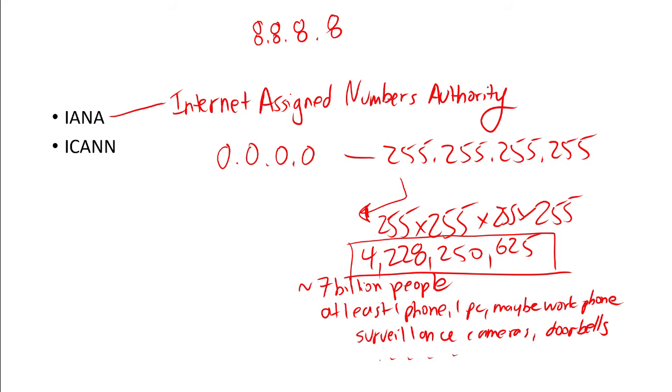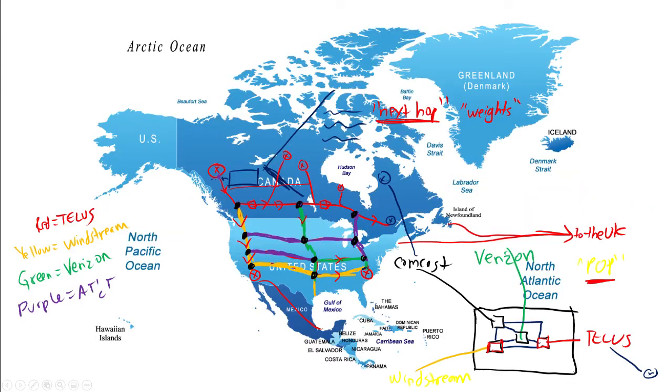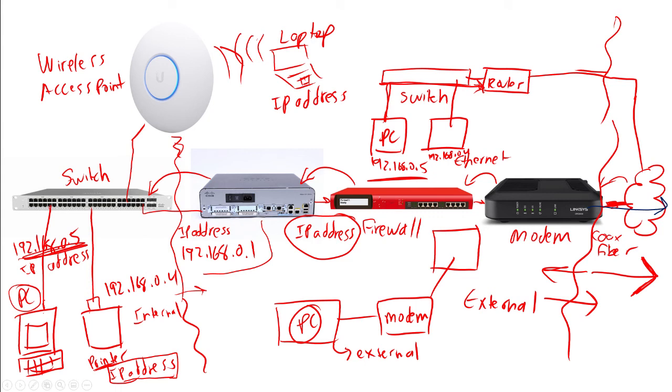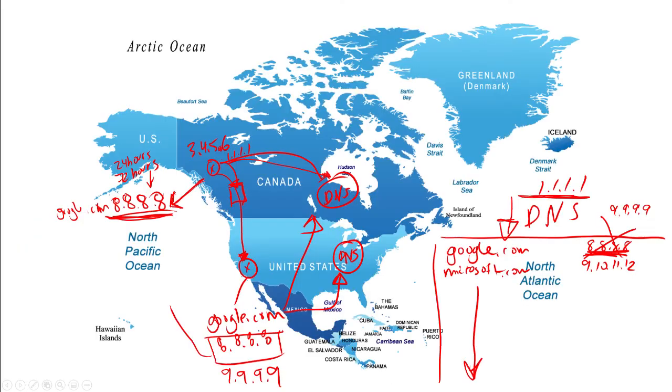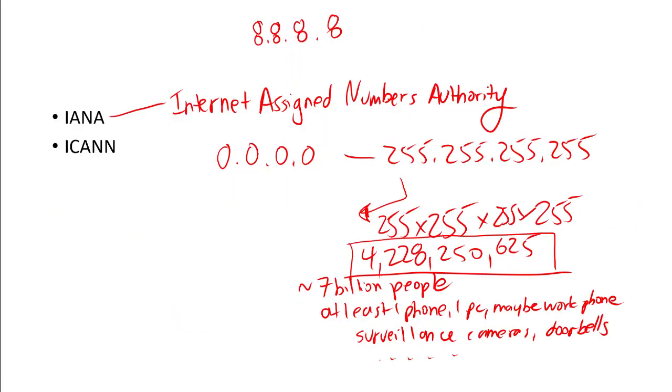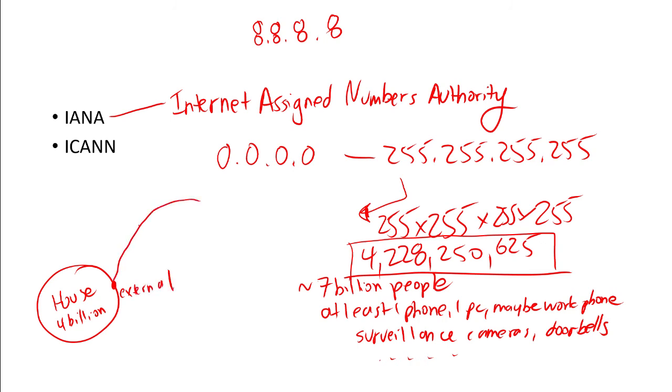Which is why, going back to our early example, we have internal addresses and external addresses. So the 4 billion, really, in your house, you can have 4 billion addresses when you have one unique external address. So you can think of your house like its own autonomous zone.